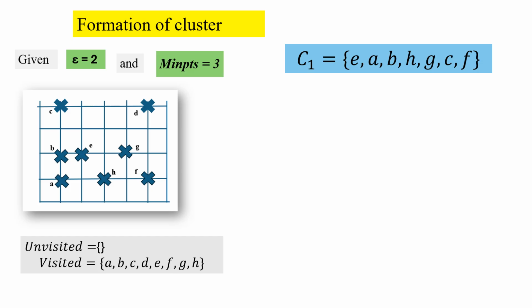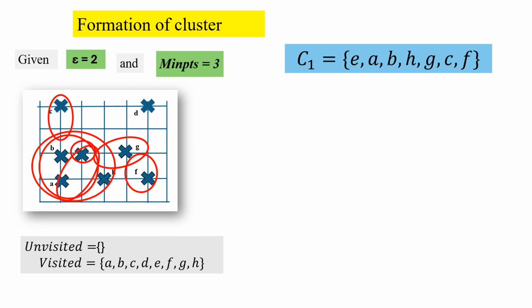So we start with E, next comes A, then B, then we have H. See how the density based algorithm is pulling in data points. Then we have G. So it's like this branch coming out and pulling in G. Then we have C. It gets pulled in here. Finally, we have F.